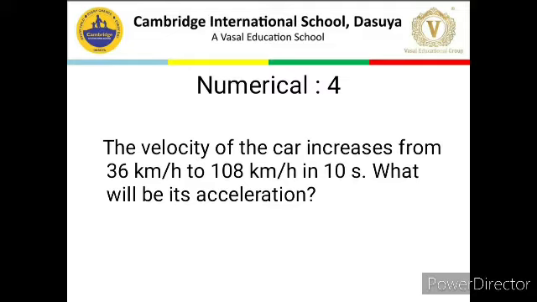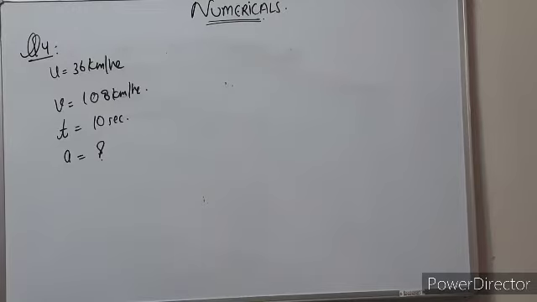Let's solve it. So the velocity increases from 36 km per hour to 108 km per hour, and the time taken is 10 seconds. We have to find acceleration. Obviously this will be positive acceleration because the velocity increases, means it speeds up.